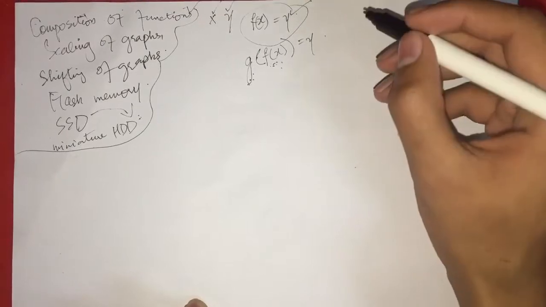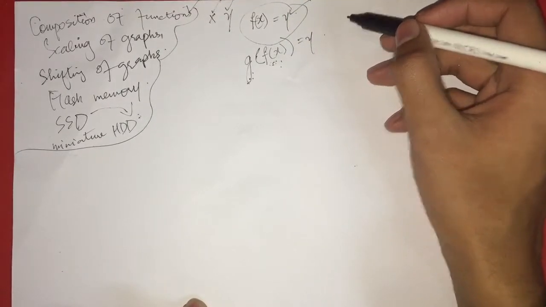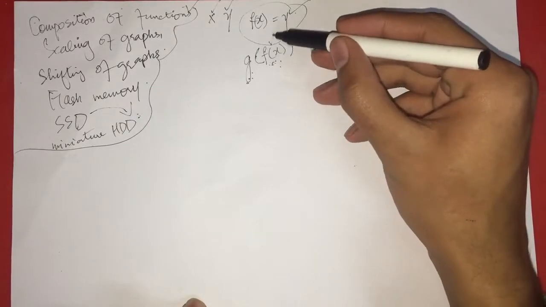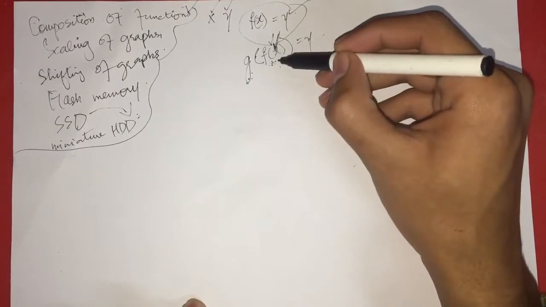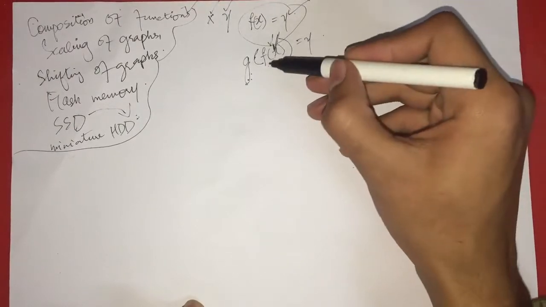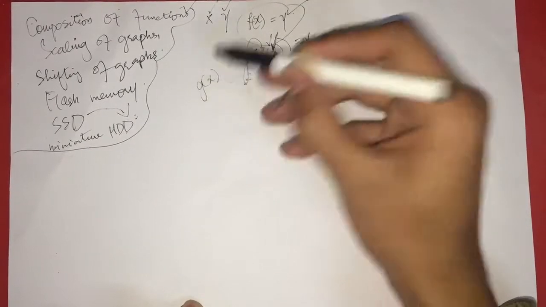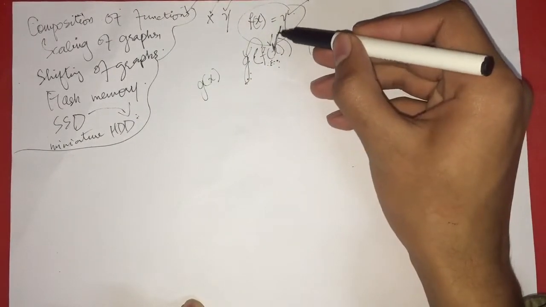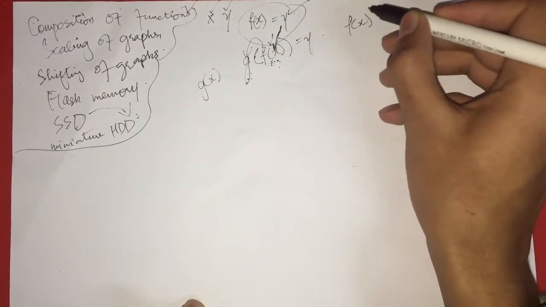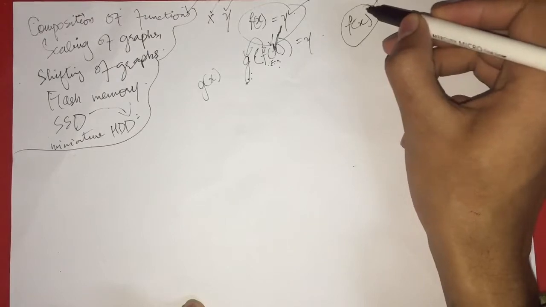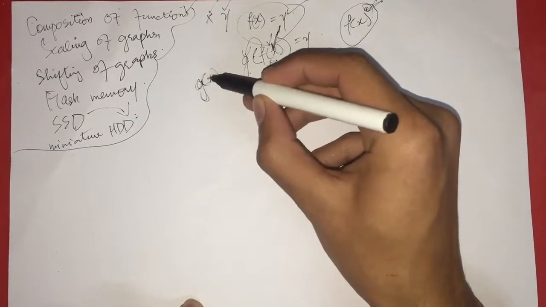Now the tricky thing to remember is that in f of x, the x is going to be the domain of f of x, and the range of f of x is going to be the domain of g of x. So let me repeat that again. You have x as the domain of f of x, and then whatever the range of f of x is, that will be the domain of g of x.